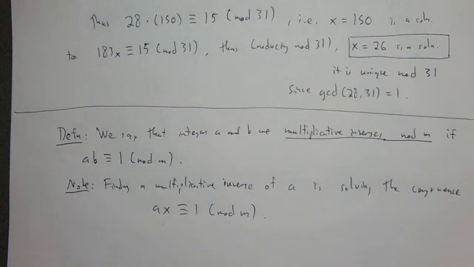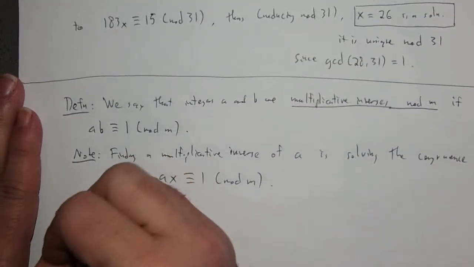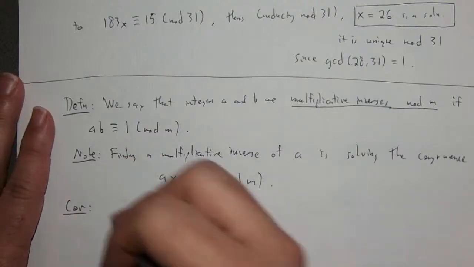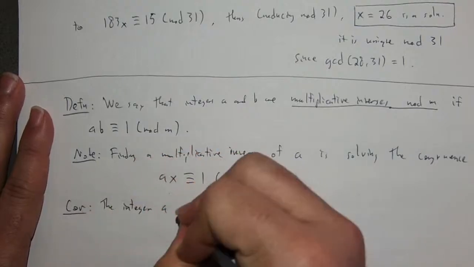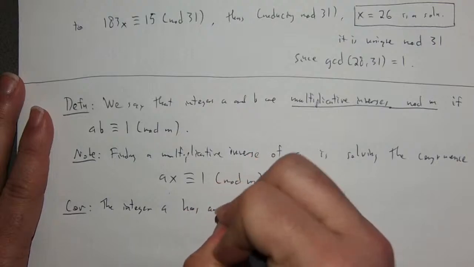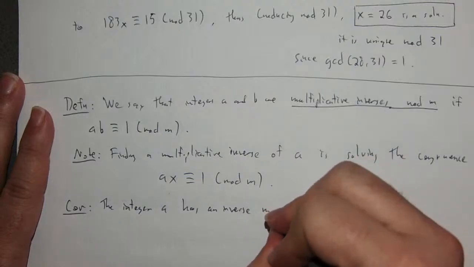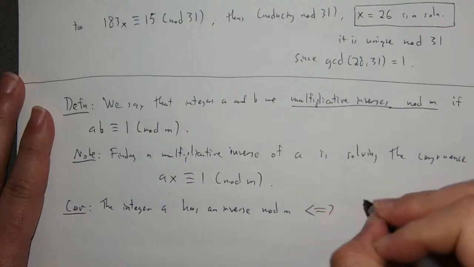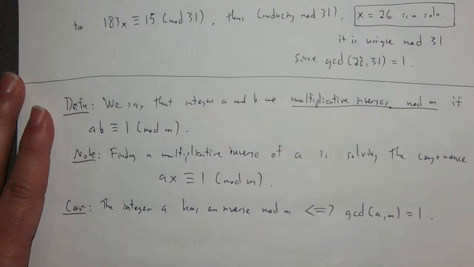Going back to the theorem, of course, this tells you exactly something that is required before you have any hope of being able to do this. So another corollary of my big theorem in this section is the integer a has an inverse mod m if and only if the GCD of a and m is 1.